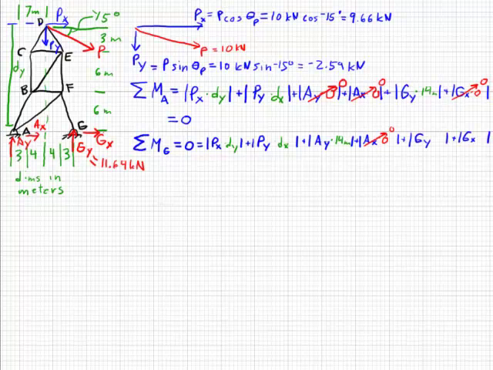The distance from G to point G is 0, and the same goes here, so that helps us immensely.